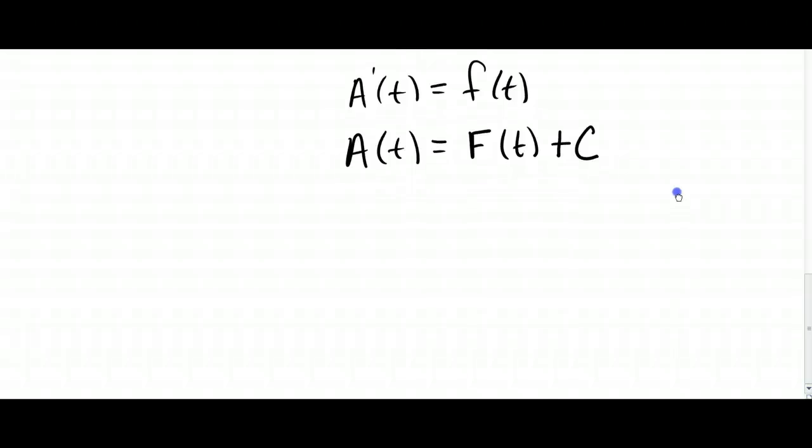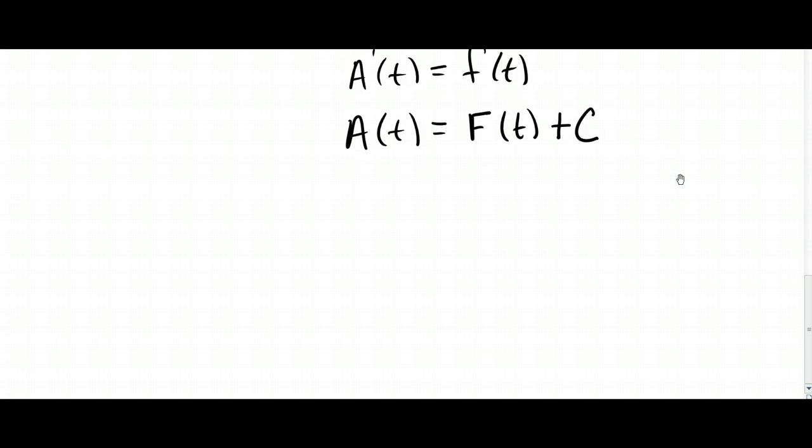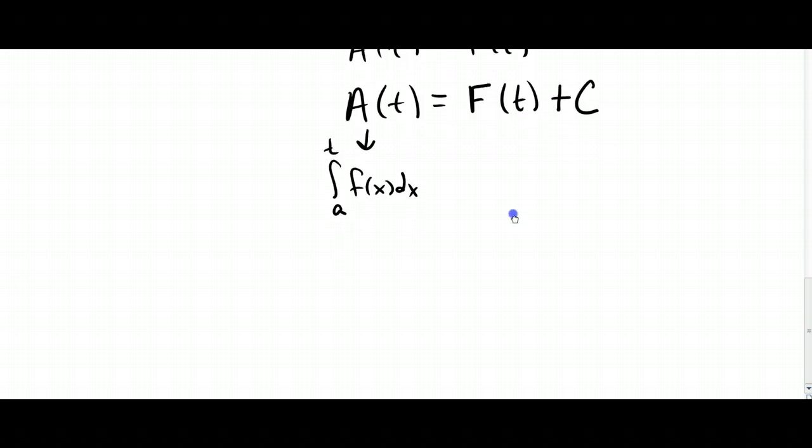So now taking this, we already saw what a of t was. A of t was my integral from a to t of f of x dx. Let's come up with a specific value. Let's see what happens here.